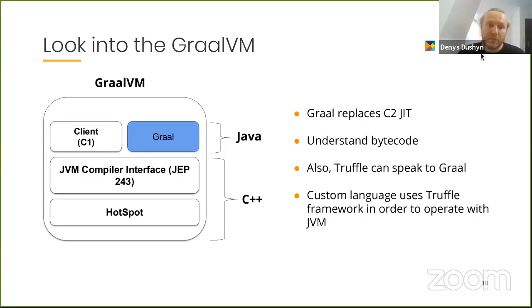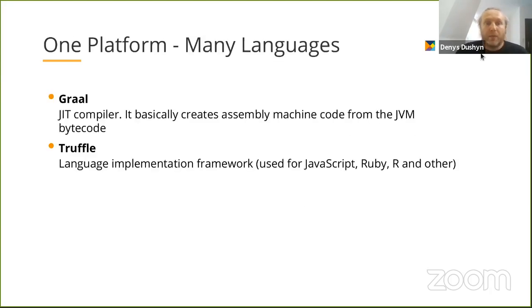So the main building block is this new Graal, and the second building block, for another languages, that provides opportunity to run programs written in different languages, is the Truffle framework. So these two building blocks provide basic capabilities and features in order to run applications.